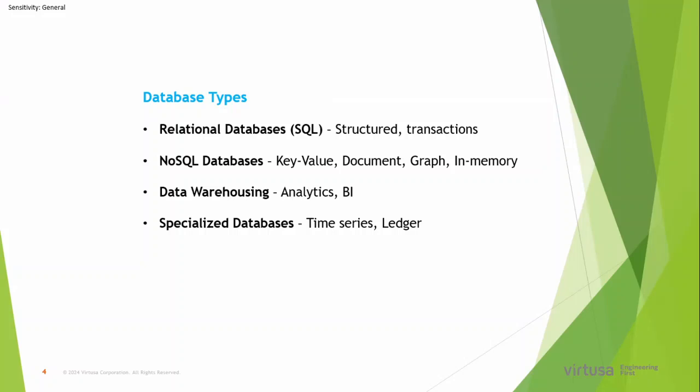Your database types differ from one to another with current modern systems. Still, relational databases are still there because they are always required based on the type of system that you are going to work on.